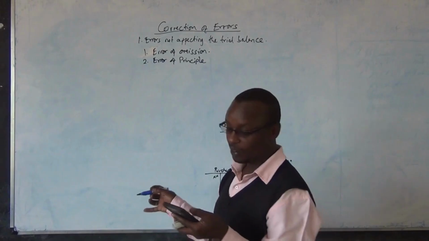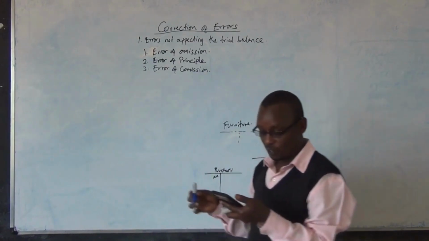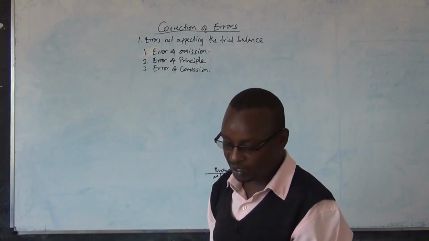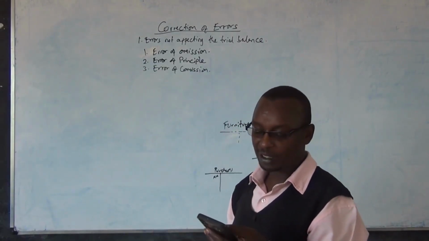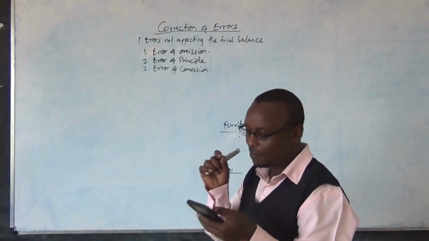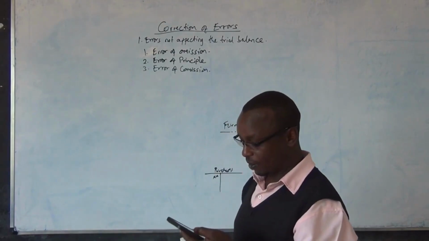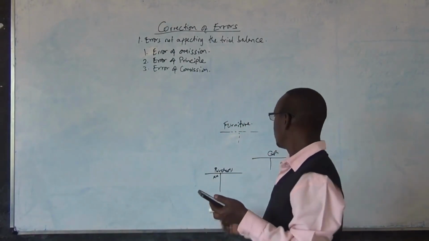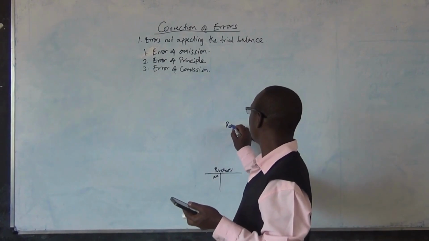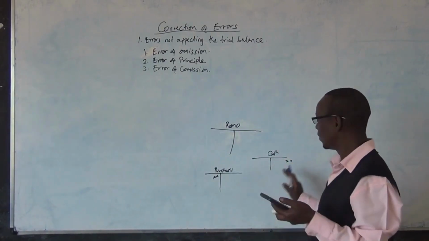We have the error of commission. The error of commission occurs when the correct amount is entered, but in the wrong person's personal account, an account in the same class of accounts. Example: when you sell goods to somebody called maybe Rono, that's your debtor.